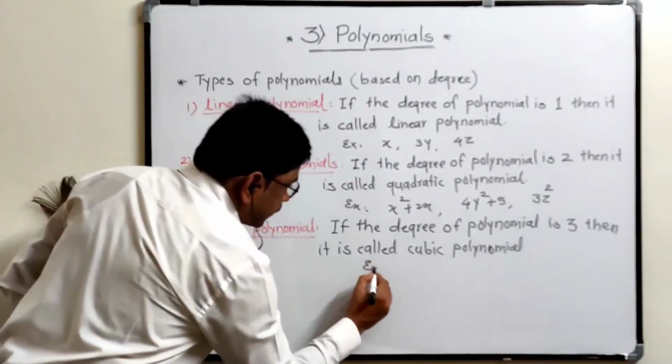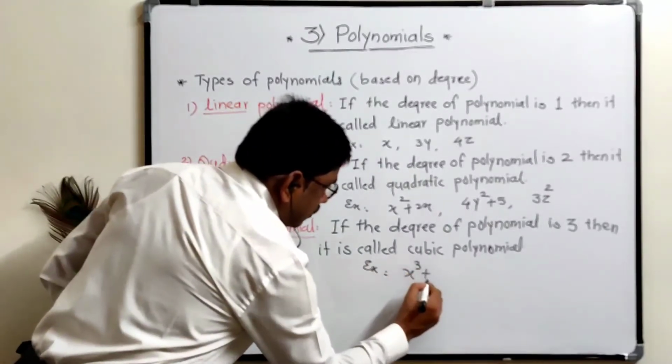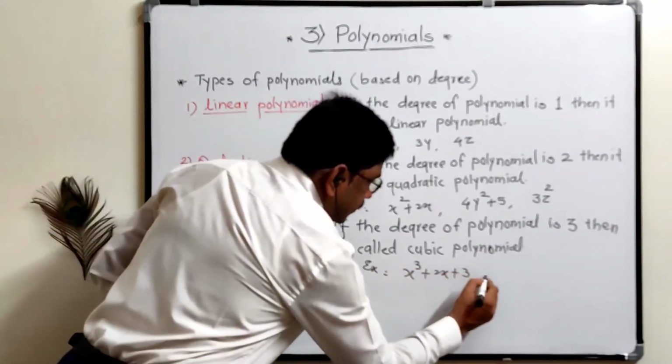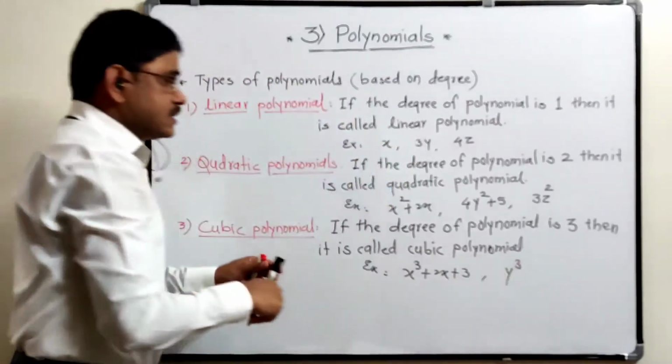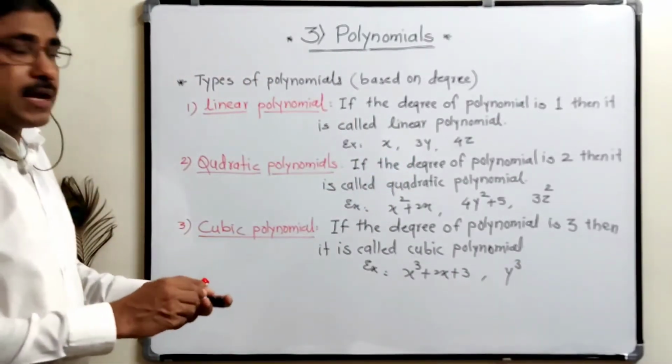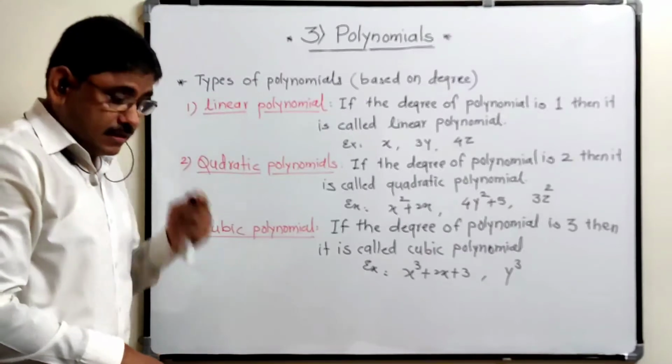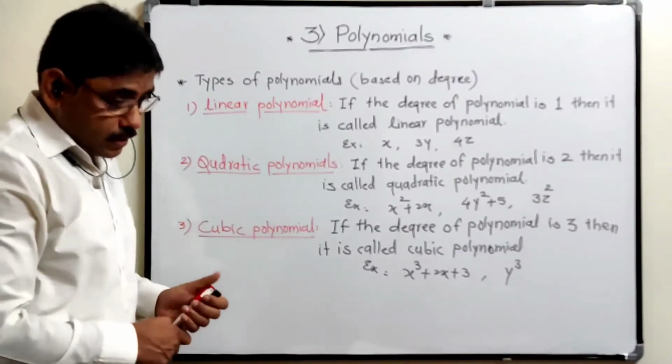For example, this x cube plus 2x plus 3, or this y cube, these are the examples of cubic polynomial. Degree is 3, then these are called a cubic polynomial.